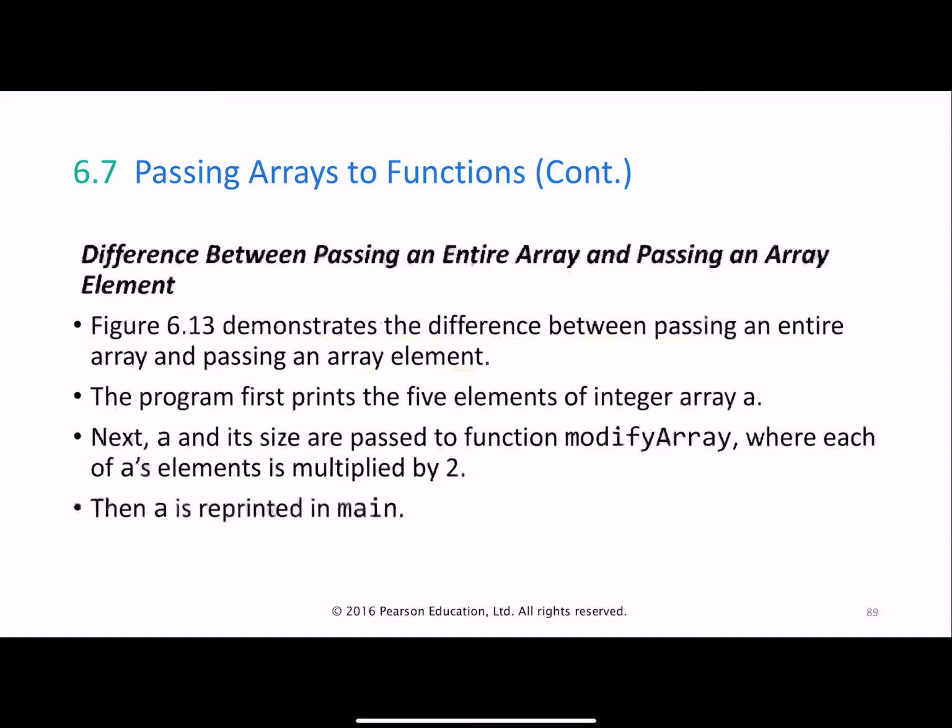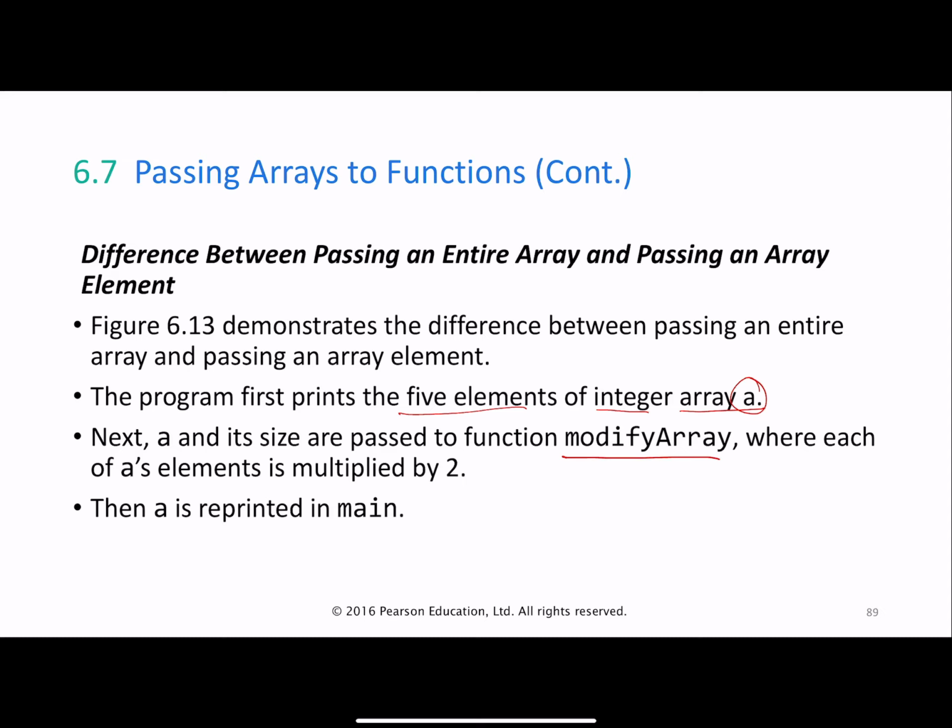Now let's take a look at the difference between passing an entire array by reference and passing one element of an array by value. And what we're going to do for that is quite straightforward. First, we're going to have a main function in which we have a 5-element integer array called a. And we're going to pass that by reference to a function called modify array.